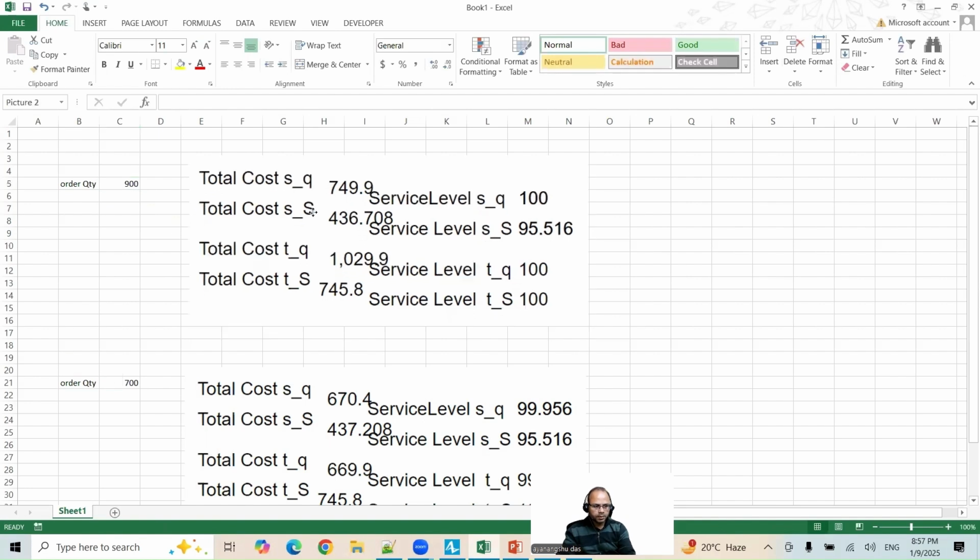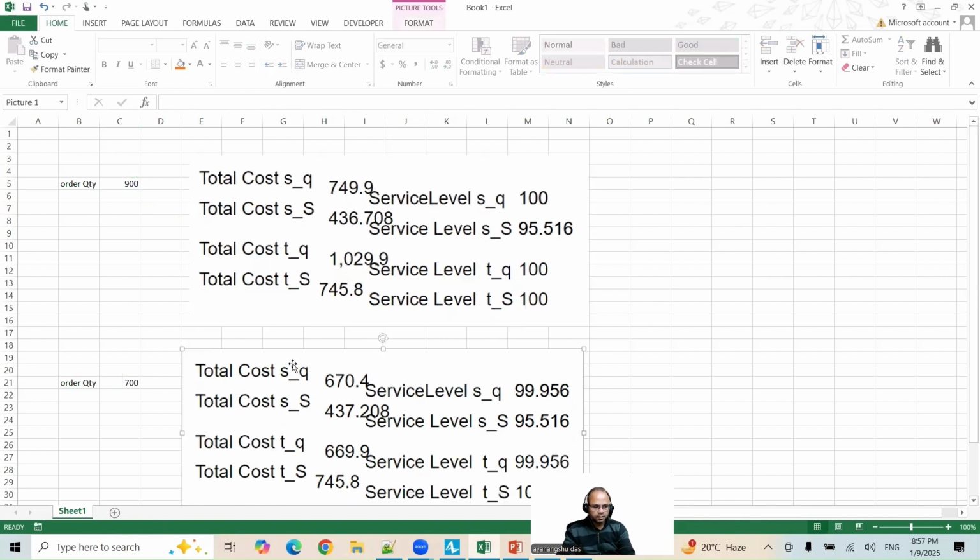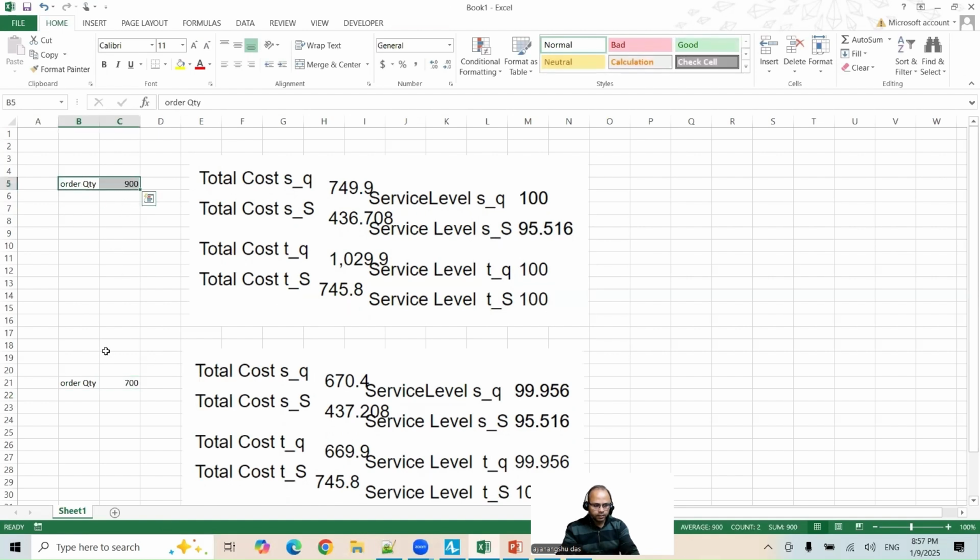So we'll compare here what the performance is when we reduce the order quantity. With the reduction of the order quantity, we see that the performance of the periodic review fixed quantity, that is TQ, has improved in cost, and it is performing at about the same service level. But there is no change in the TS performance.